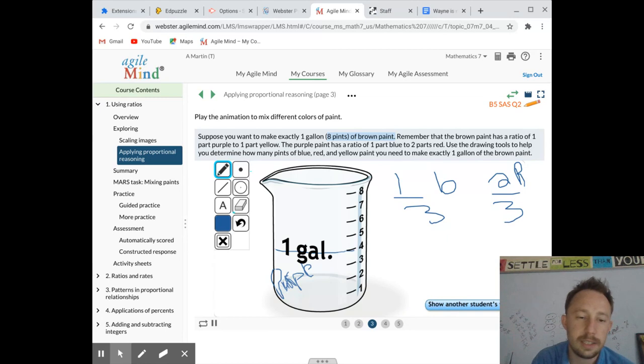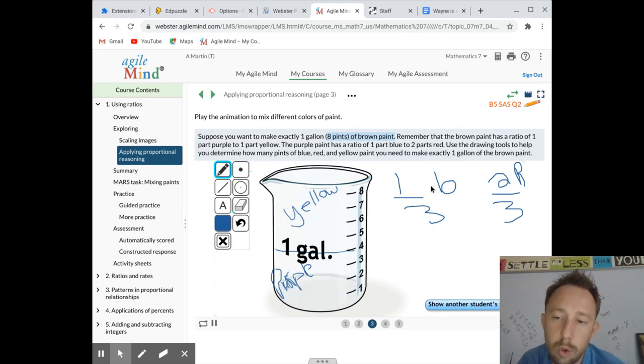All right, so looking at our purple, what can we do? We need to have the same amount of purple paint as we need yellow paint. 4. All right, that's right. We got 4 parts of each. So since we got 4 parts of each, what do I need to do with 4 and this 1/3 and this 2/3 to determine how much we're going to have of each?